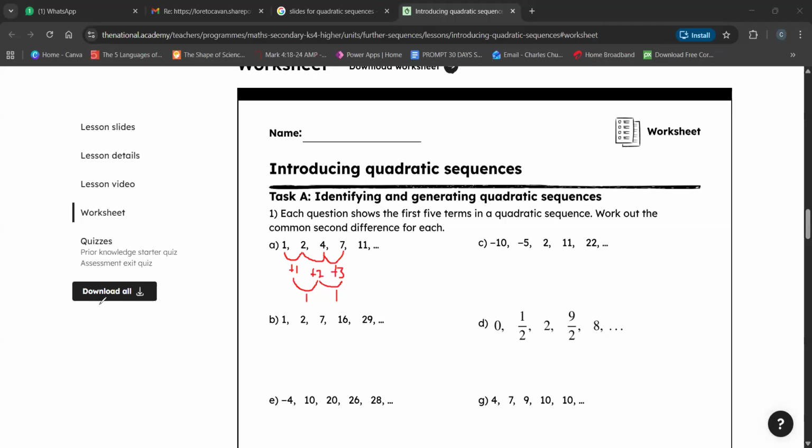Yes, sir. If you had seen a sequence and you were not told that it's a quadratic sequence, you can find that out, right? Yes, sir. Okay, I just wanted to be sure about that.